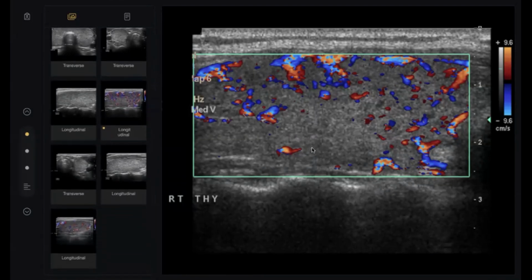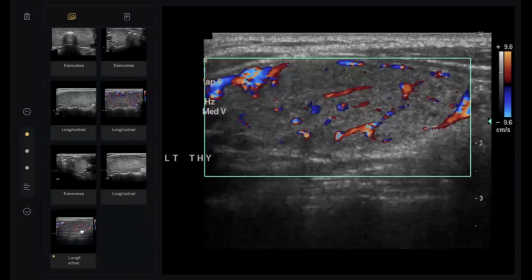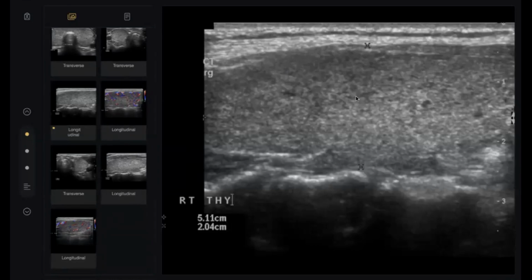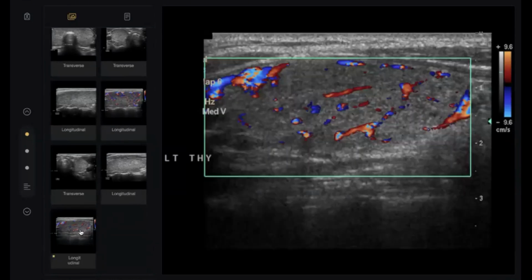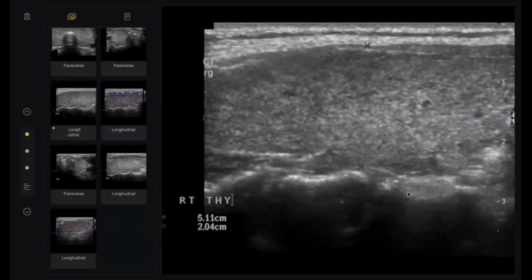I would check for the hormones. This is the right lobe. This is the left lobe. And this is grayscale. So give me a differential diagnosis. It could be Hashimoto thyroiditis. No. What else? Hashimoto must have an element of heterogeneity.